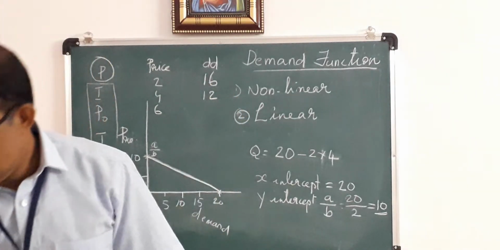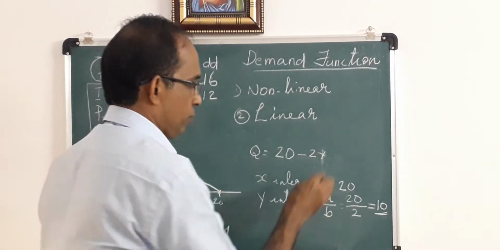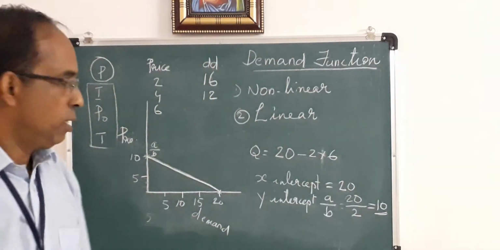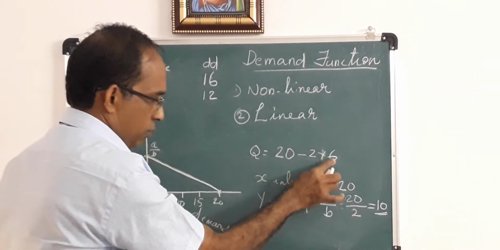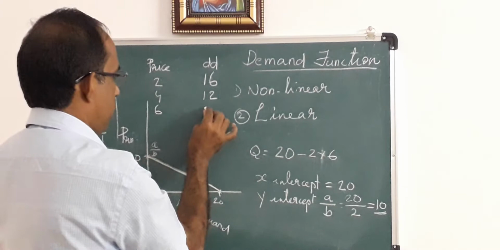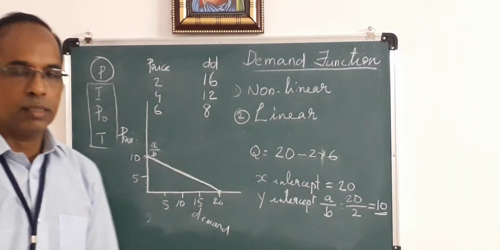Then what is the demand of this consumer at price 6? 6 into 2, 12. 20 minus 12, that is 8. This is his demand.